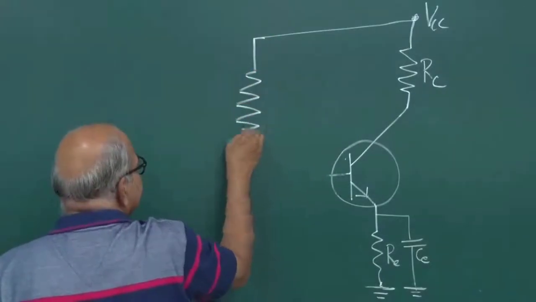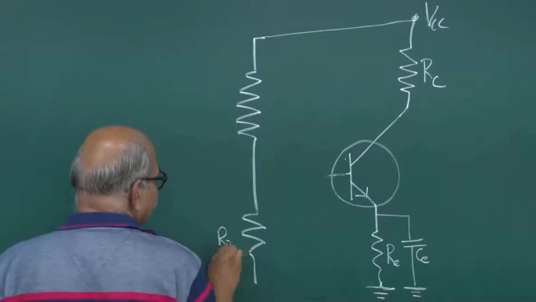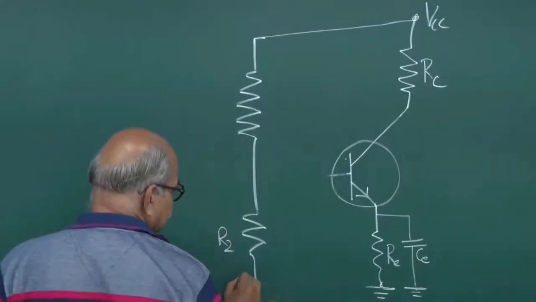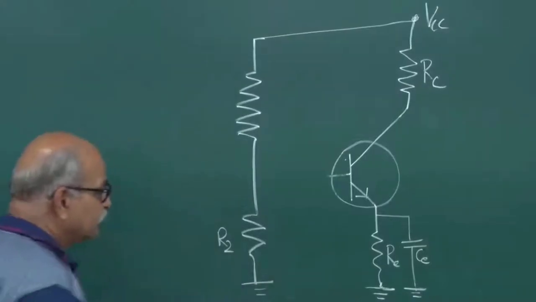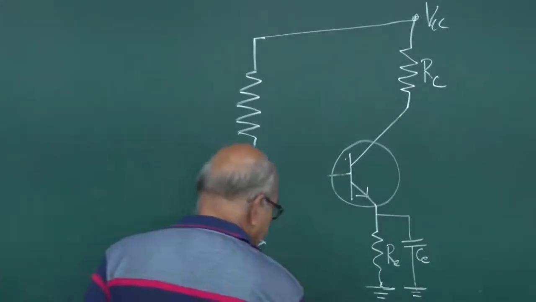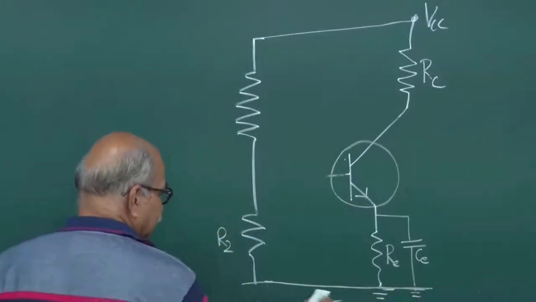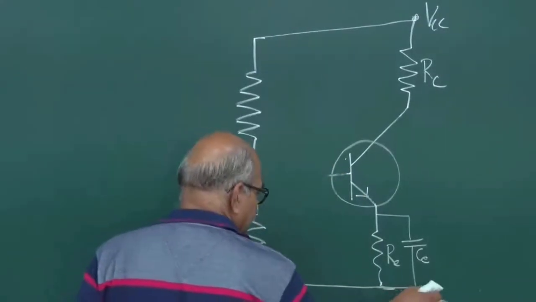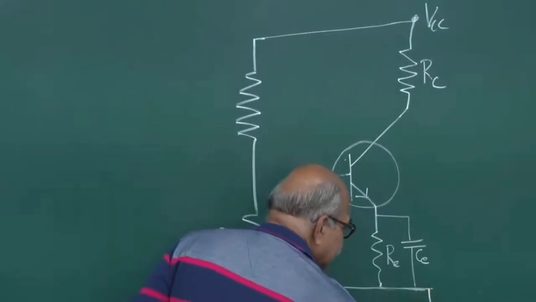You take a resistance R1 and a resistance R2, and this is at ground. So you can connect it, or you can just write it this way. This is also okay with us, or if you wish you can connect all these things and make a line. That is also all right. But somewhere you should say that this is the ground line. So this is that ground.